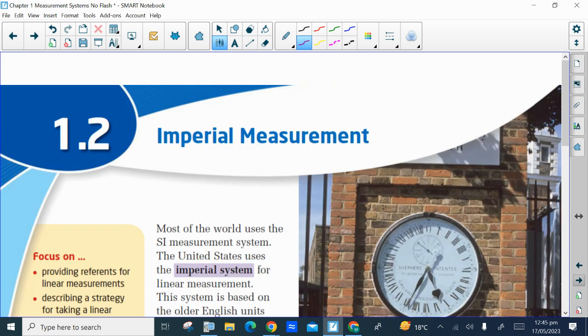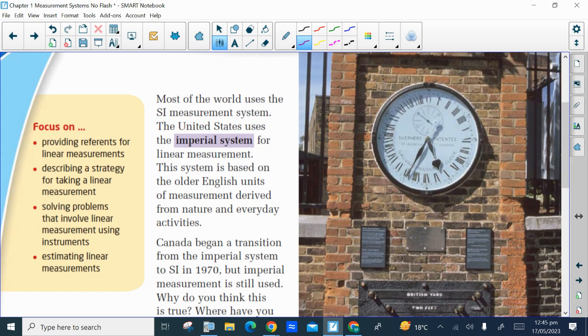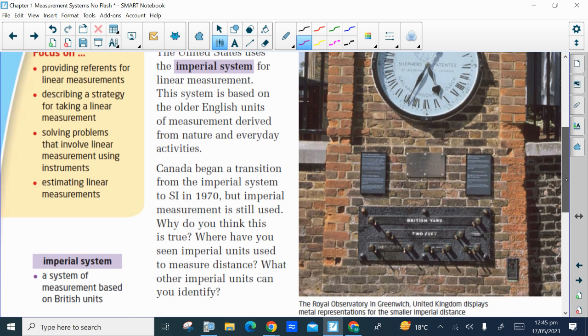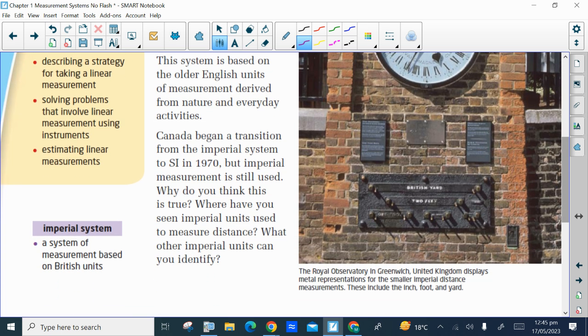So, most of the world, we talked about this yesterday, uses the metric system, but the United States still uses the imperial system for linear measurement. It is based on the older English units of measurement derived from nature and everyday activities. So the inch is the smallest increment that we use. The next one we're going to see is a foot.